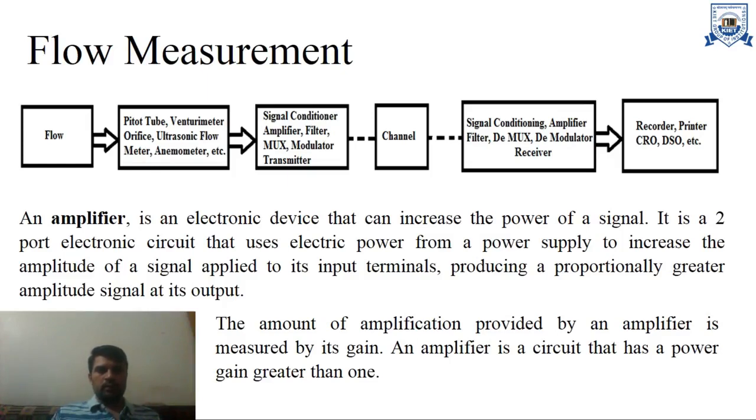The amount of amplification provided by the amplifier is measured by its gain, and the gain of a system is defined as the ratio of output to input. An amplifier is a circuit that always has a power gain greater than 1.